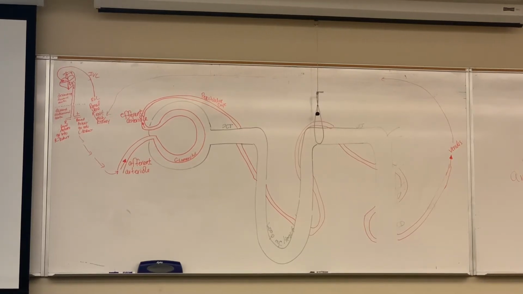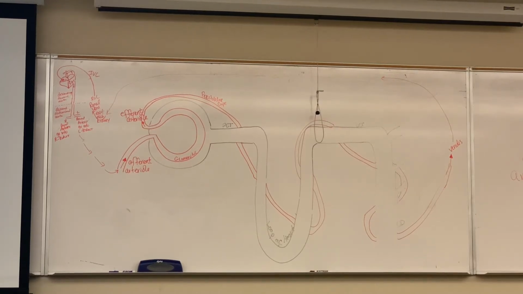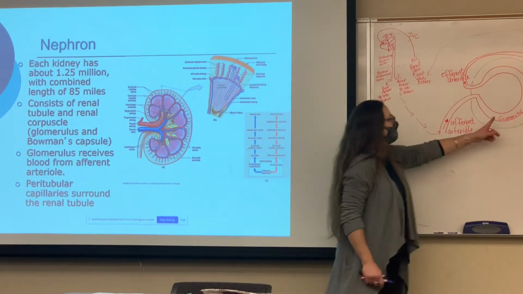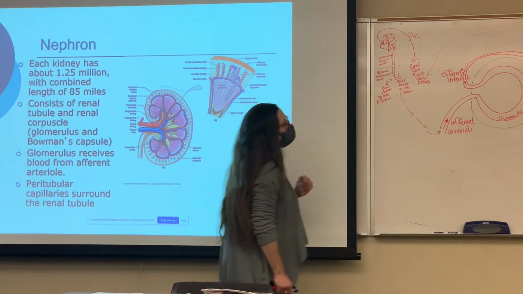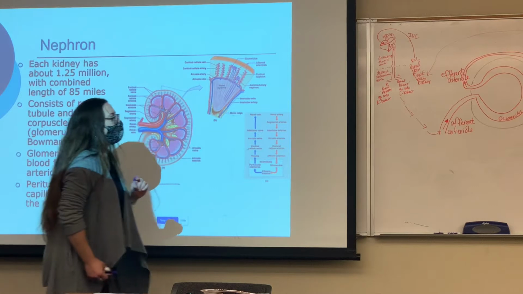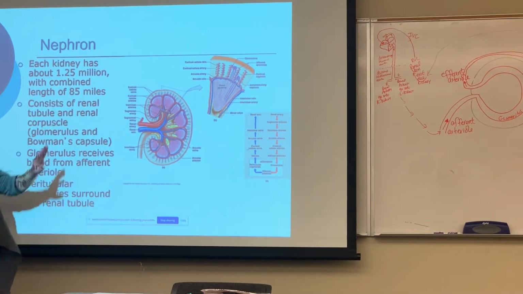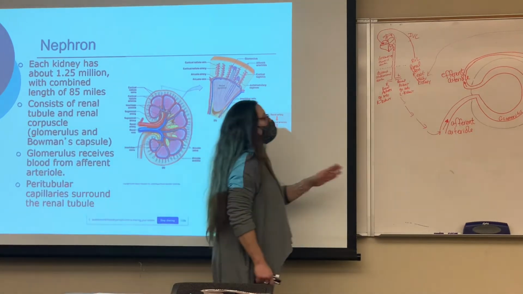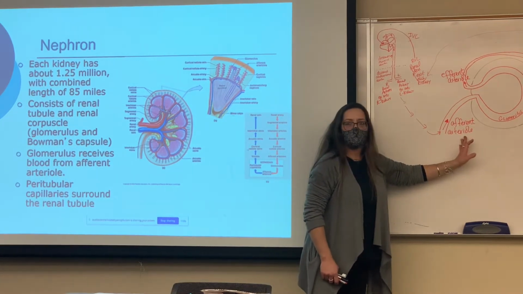If you have a little over 1 million nephrons per kidney, how many glomeruli do you have per kidney? It's not a trick question. A little over 1 million. And if you have a little over 1 million nephrons and glomeruli per kidney, how many afferent arterioles do you have per kidney?